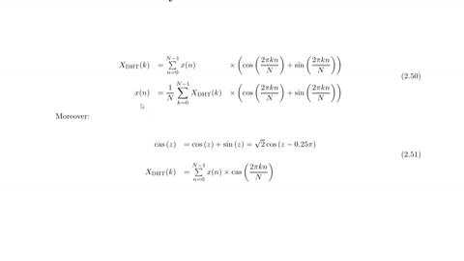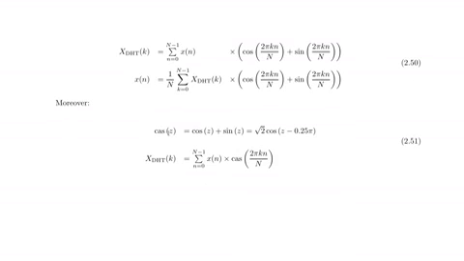Okay, and the inverse Hartley, x of n, is equal to 1 over N sigma, the same sigma, but this time for k, X DHT of k times similar operators. Moreover, we call cas of z being equal to cosine of z plus sine of z, which is equal to square root of 2 times cosine of z minus 0.25 times pi. So you may write a discrete Hartley transform using cas.